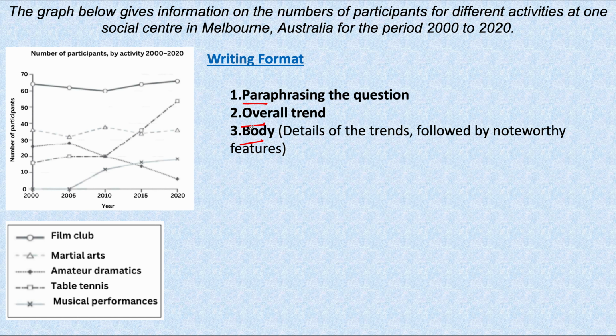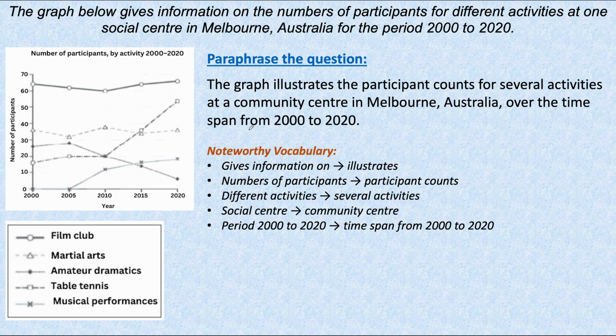We'll start with paraphrasing. Let's look at a few ways to do that. Here we have used synonyms like illustrates instead of gives information, community center instead of social center, over the time span instead of for the period.